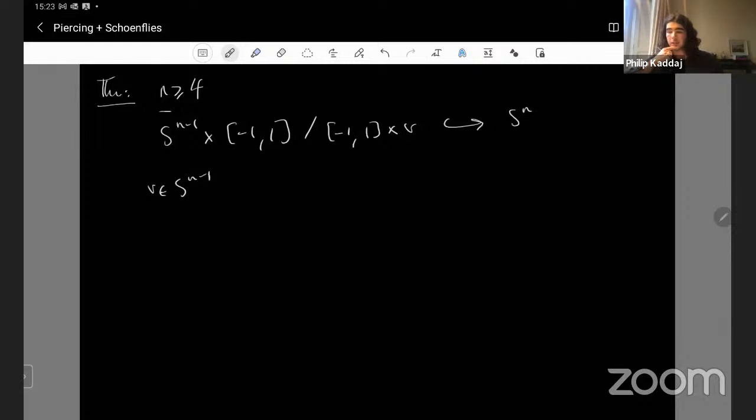For example, the Fox-Artin sphere that's wild at one point has a pinched collar. But Cantrell says that actually this is the only example that exists. So in higher dimensions, such an example doesn't exist.